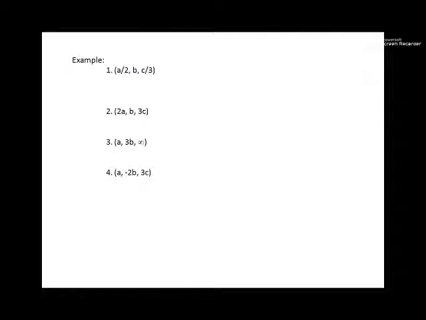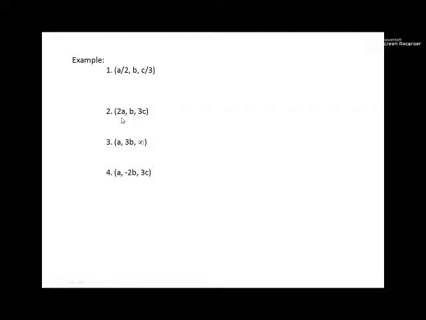Now for this example I am coming here. For the first example, the plane intercepts at a by 2, b and c. So how could you calculate the Miller indices for this plane? You have to take just the reciprocal of the intercepts here and make it to the nearest integer.